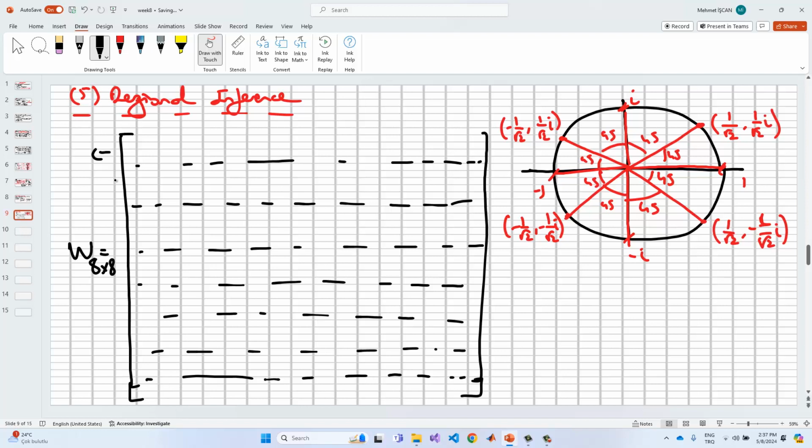And so if we rotate this point in this direction, we can say that this is the 1. If we rotate in this direction, 2. Okay?